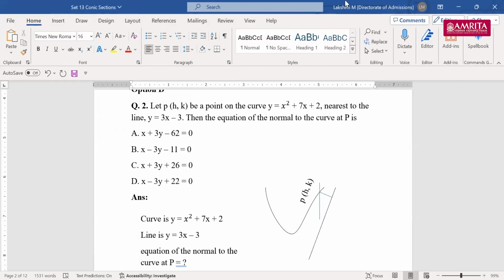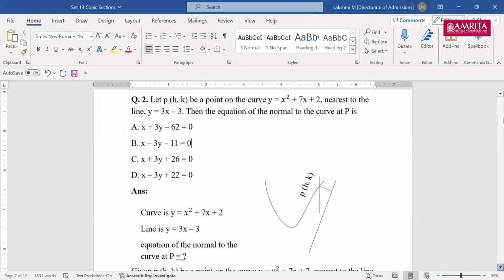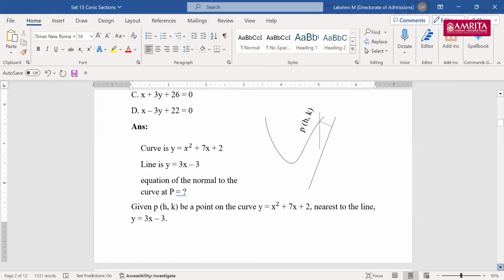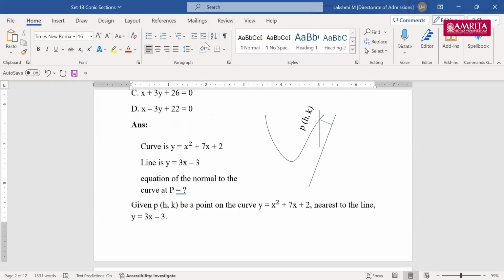Is the question clear to all of you? Got the idea? What is the question? Completely fine. So till now what I've done is, I've just written what we want to find out. Curve is y is equal to x square plus 7x plus 2 and the line is y equal to 3x minus 3.